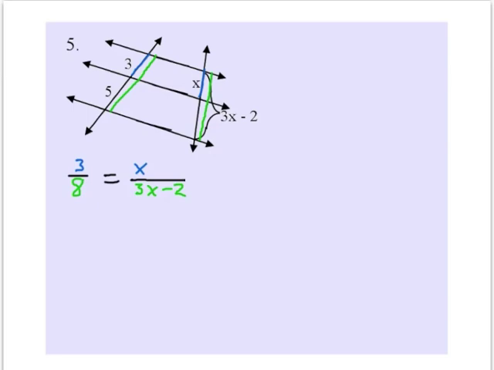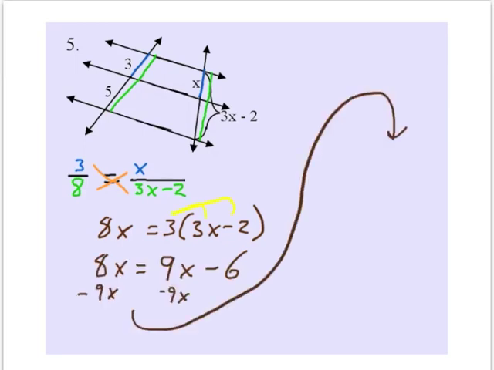And so then we'll just cross multiply to solve. So we get x equals 6.